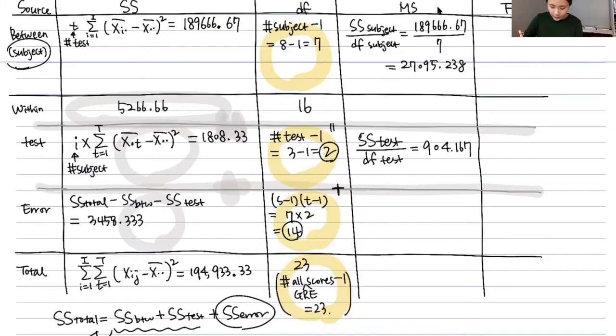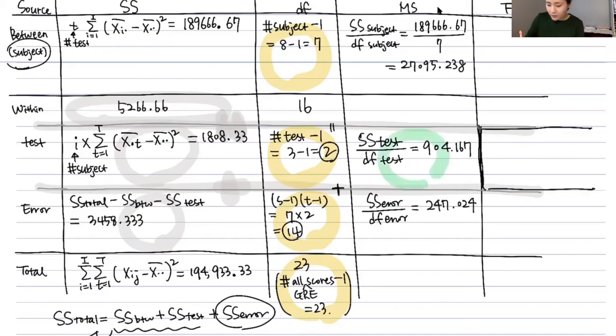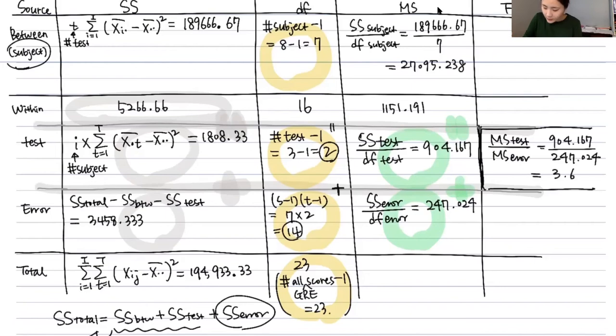And mean square for error is sum of square error divided by degree of freedom of error, which is 247.024. By adding these two cells, you can also calculate mean square within. And my F value is mean square test divided by mean square error, 3.66.